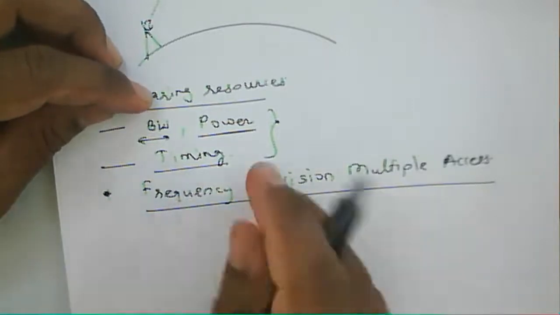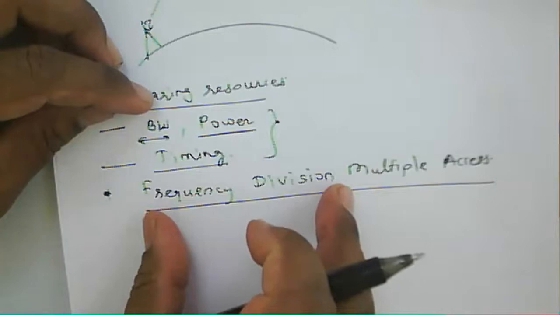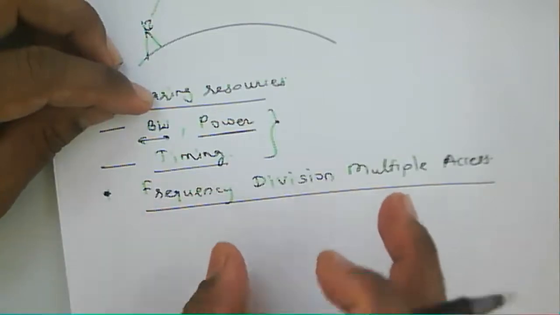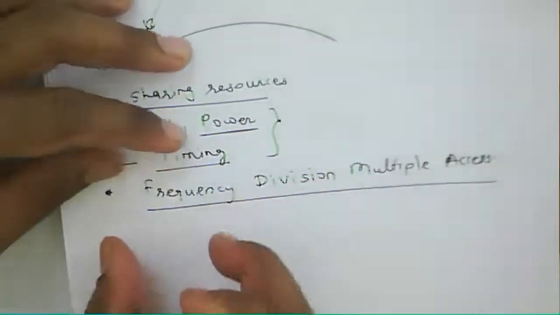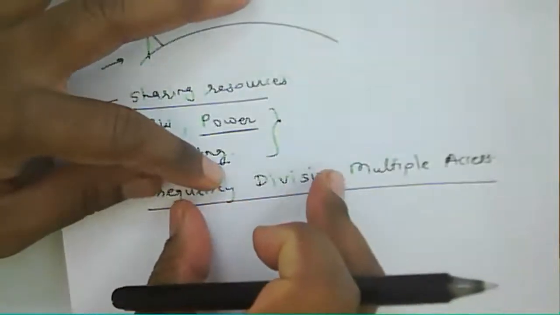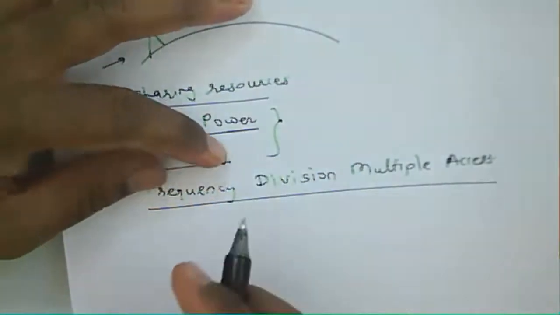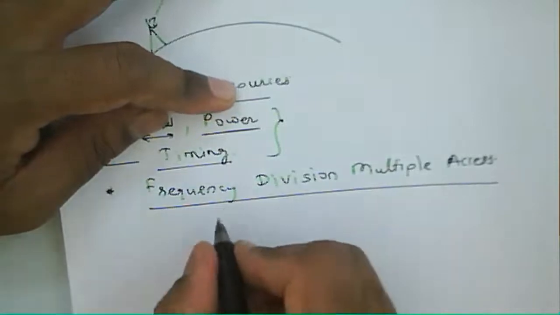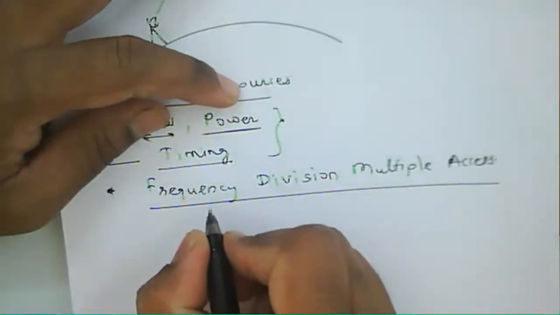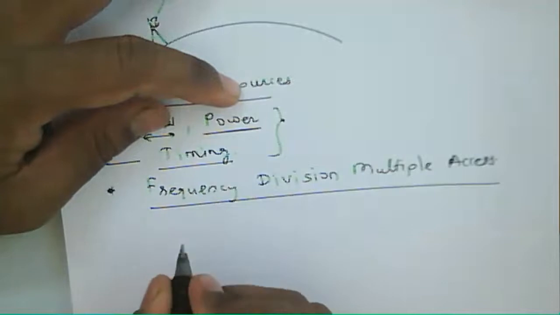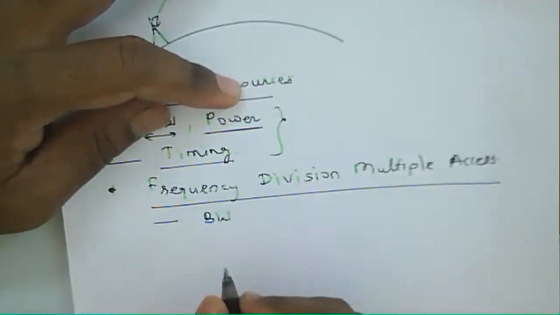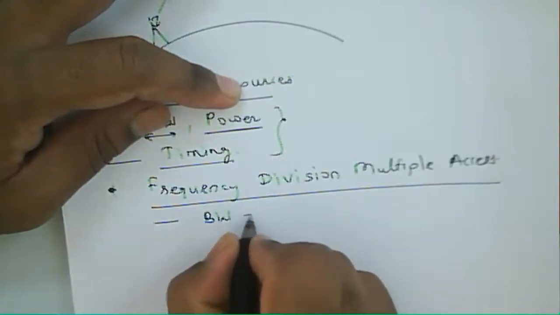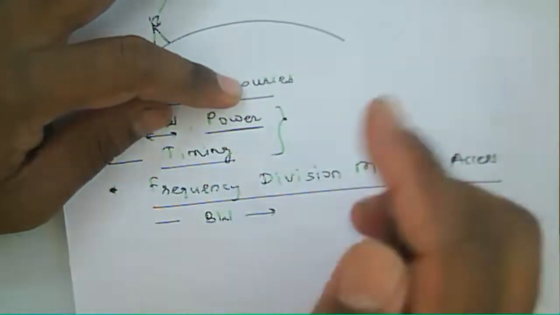Here the word is frequency division, so we can consider that there is a division of frequency. Frequency division means what? A division of frequency means division of some particular bandwidth. Each and every communication channel operates at a certain bandwidth, or we can say a certain frequency spectrum.